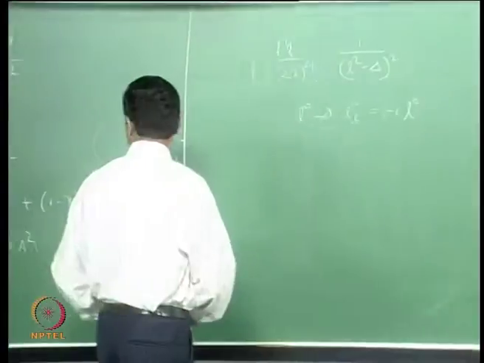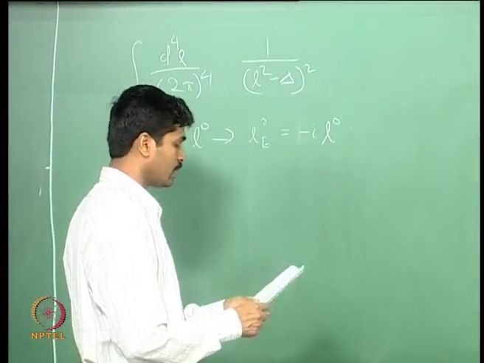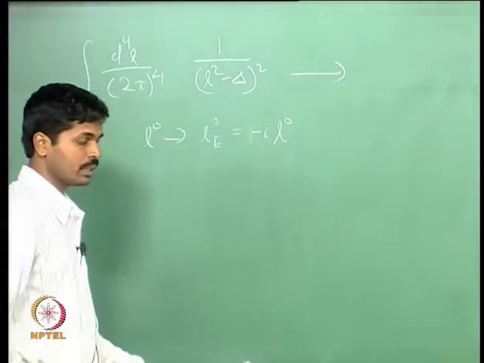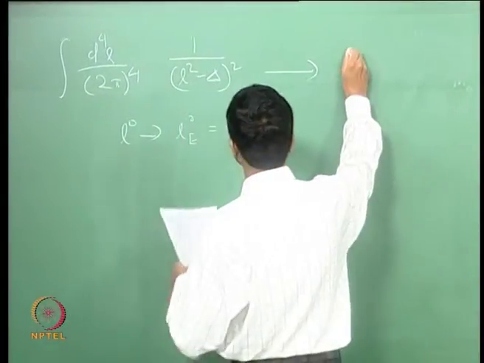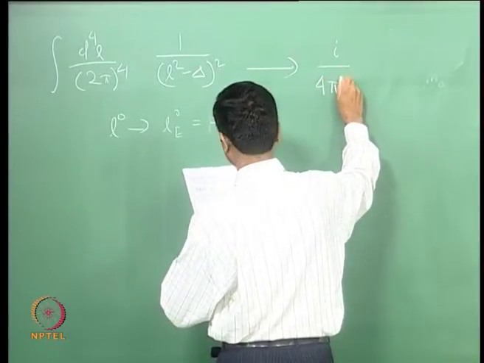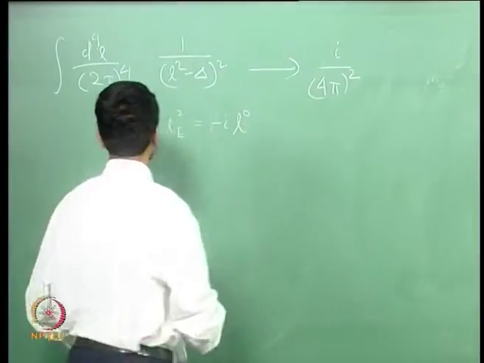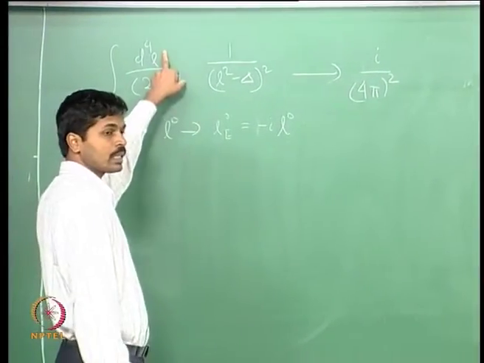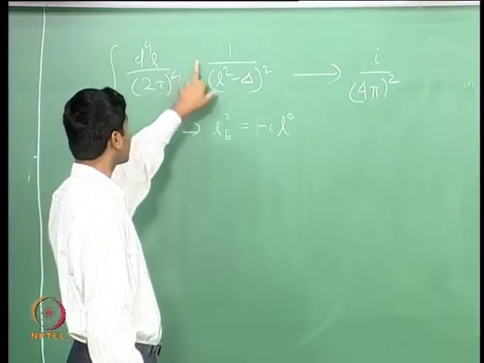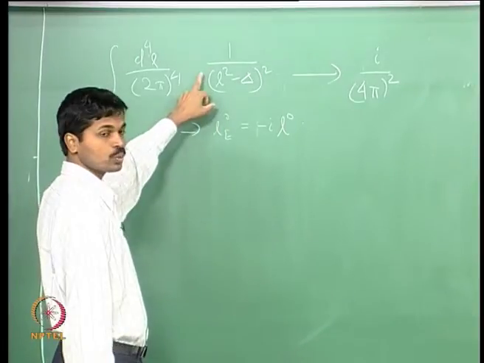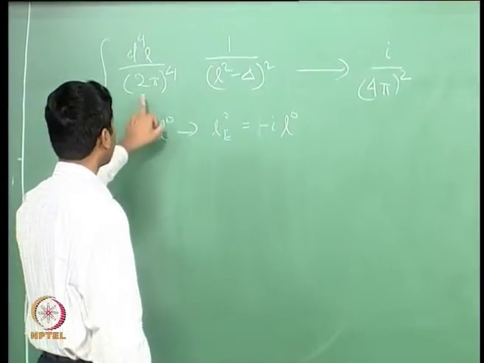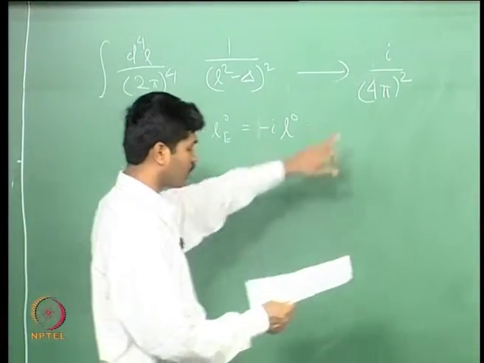So this, and the regularization, the introduction of the UV cutoff, together will amount to replacing this integration here by i divided by (4 pi) whole square. Remember, I will introduce this, and also I will integrate over the angular variables. The angular variable integration will give me a 2 pi square. So this 2 pi square will simply cancel this (2 pi) to the power 4, and what I will be left with is 4 pi square here.